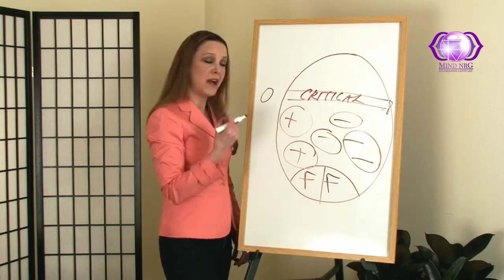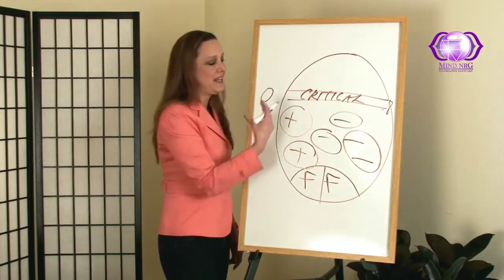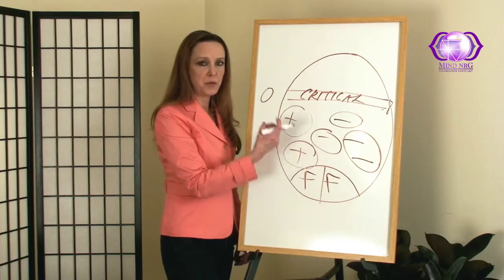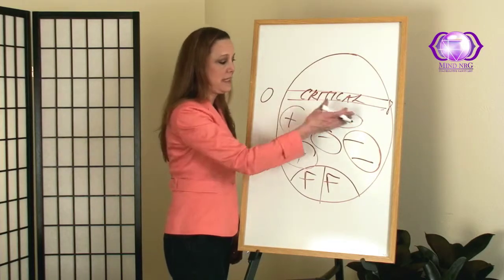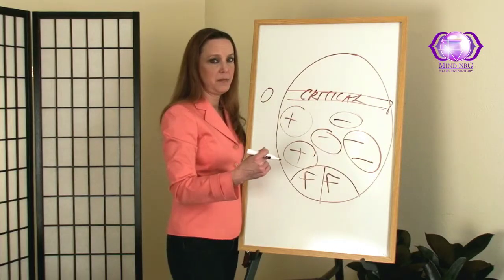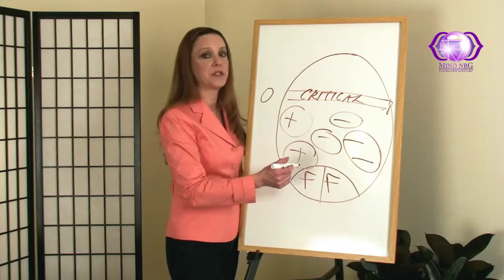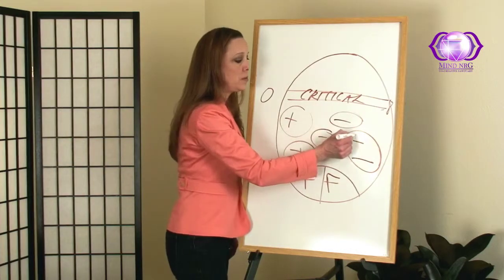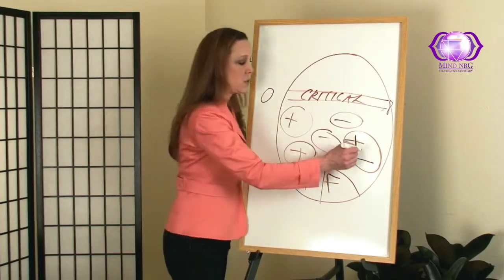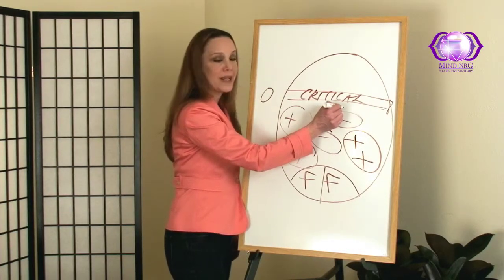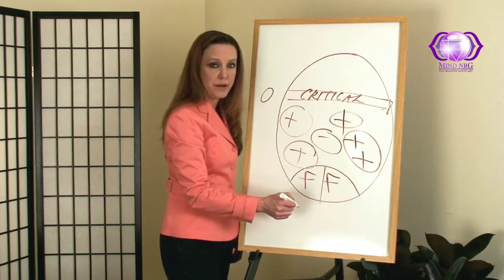So what we have to do is go back in and retrain your subconscious mind with new information and instill it in a way that changes some of these negative beliefs that are operating, such as the world is unsafe and that the world is irregular, to positives, that the world is safe, that the world is regular, and that you can find somebody that won't get taken away from you, right?